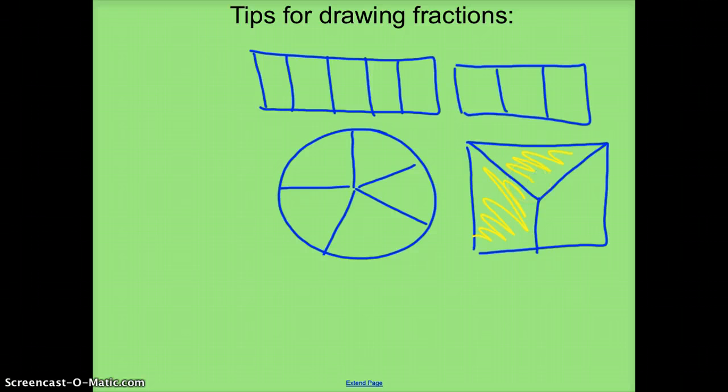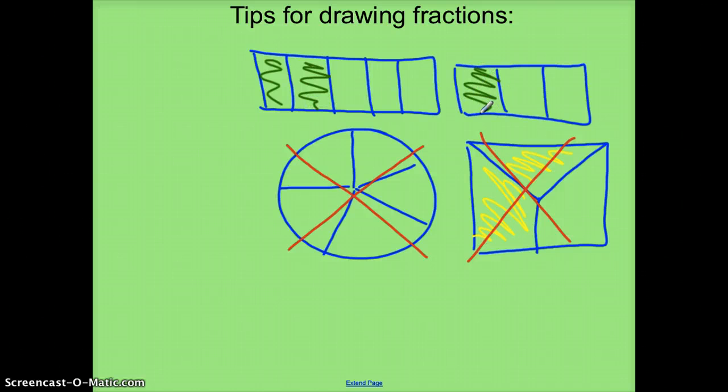So this is not a fraction. And this is much harder to maintain equal sizes. I would stick with things like this if I wanted to say that's 2/5, and this to say that is 1/3. So I'm going to stick with rectangles and squares and draw pretty much only vertical or sometimes horizontal lines.